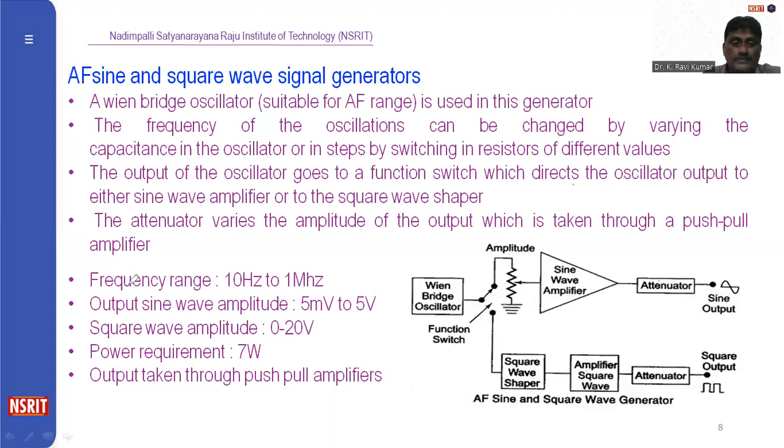These are some specifications of the AF sine wave and square wave signal generator. The frequency range is 10 Hz to 1 MHz, the output sine wave amplitude is 5 millivolts to 5 volts, and the square wave amplitude is 0 to 20 volts.